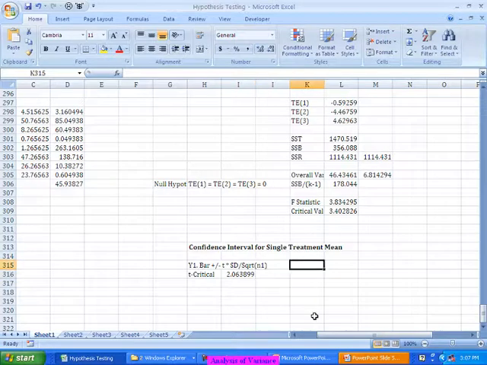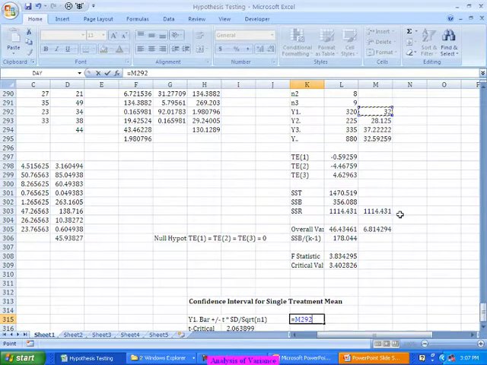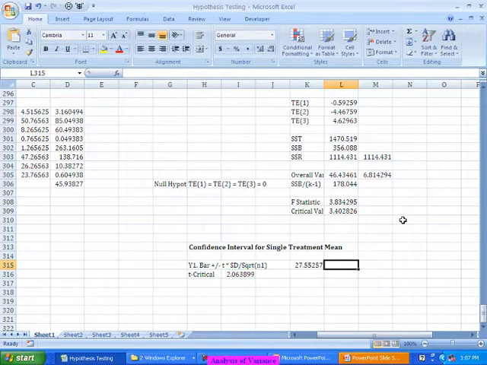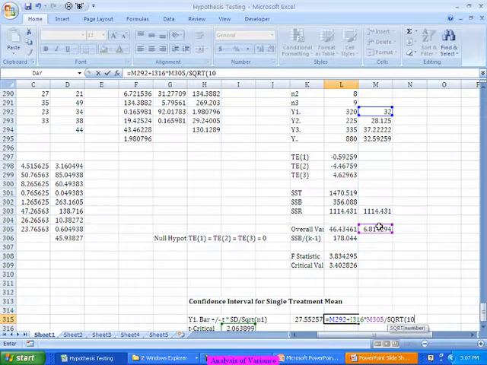So the minimum interval is 32 minus 2.06 times the standard deviation, which is 6.81, divided by square root of 10. The minimum value comes out to 27.55, whereas on the other side I can also take 32 plus 2.06 times the standard deviation by square root of 10.